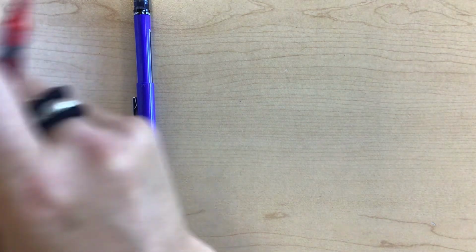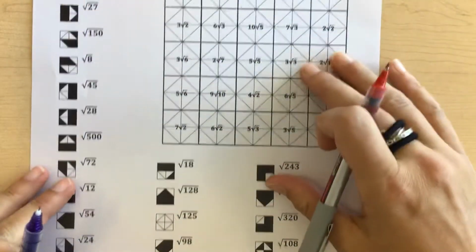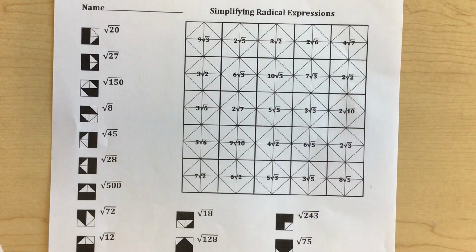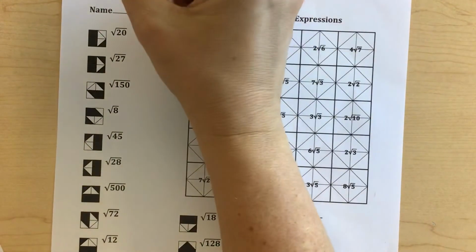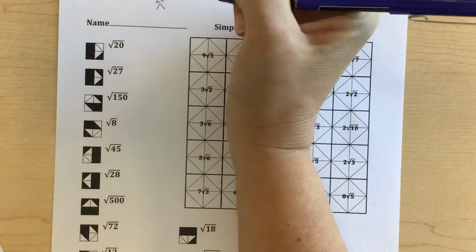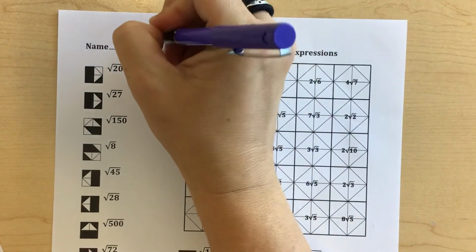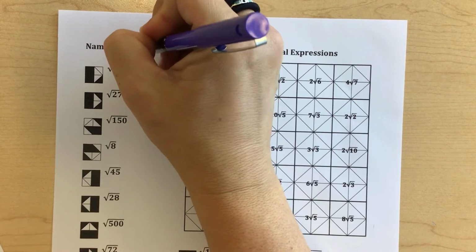All right, so the other part of this is the worksheet that I want you guys doing. All you do on this, for example on the first one, is we have the square root of 20, right? So whatever method you want. I'm going to go with factor trees. So this is 4 times 5, and then 2 times 2.